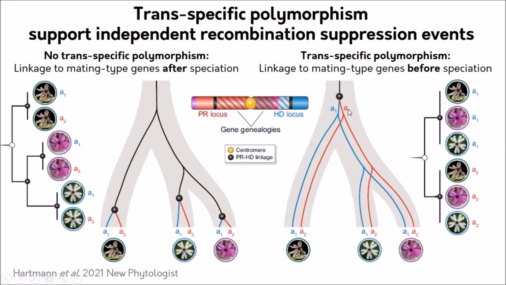Because the A1 and A2 alleles begin to accumulate different mutations even before the speciation, and they cannot recombine, so they stay different. So the node in the gene genealogy really indicates when recombination suppression occurred. And this was another strong indication that recombination suppression occurred several times independently across the phylogeny.